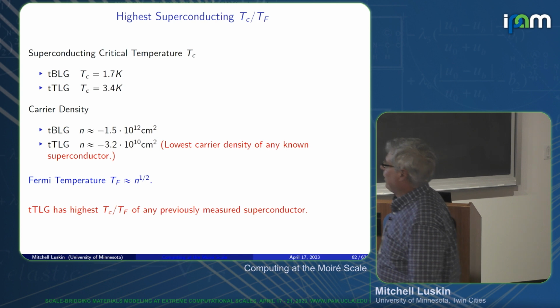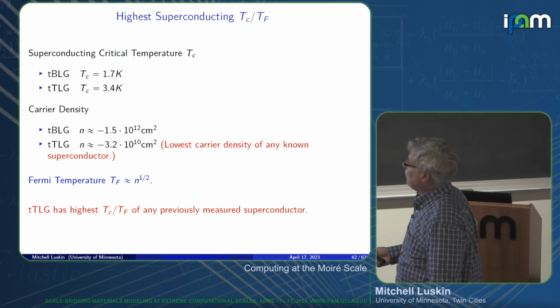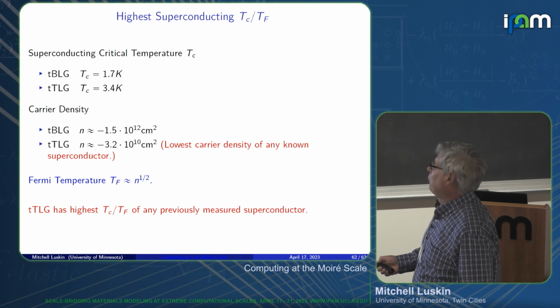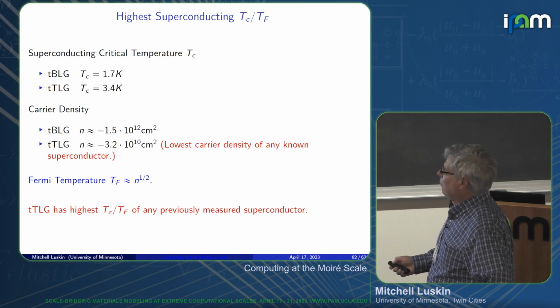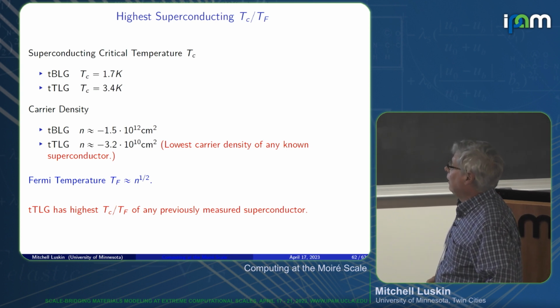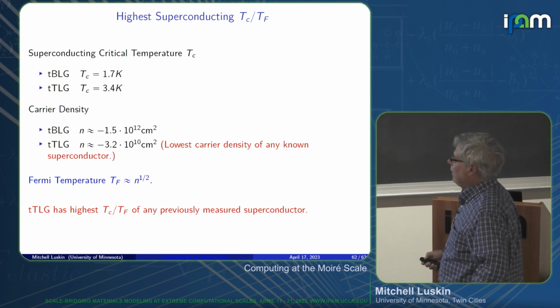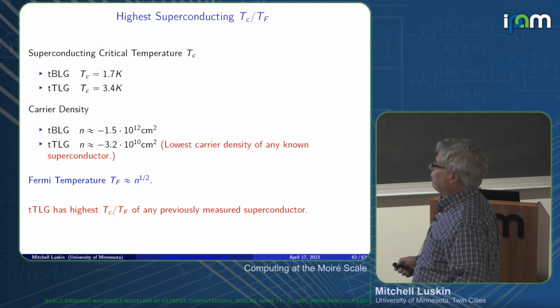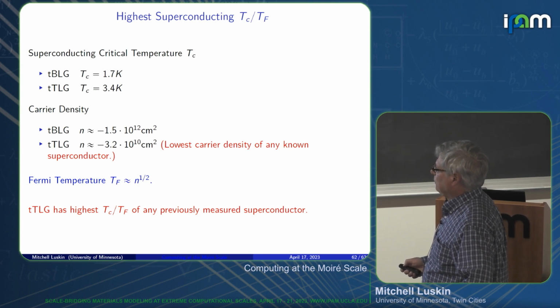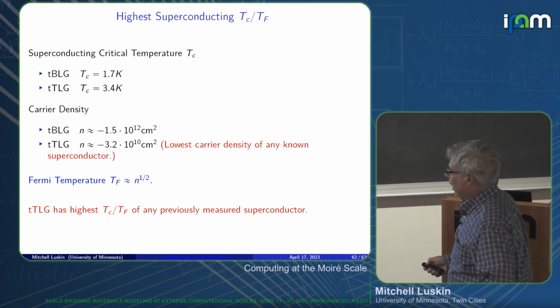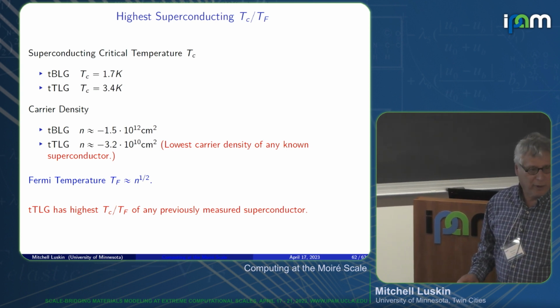So here's a slide I made some time ago. In the twisted bilayer, the superconducting critical temperature is shown to be 1.7 K. And we got 3.4 K, but their carrier density is on the order of 10 to the 12th electrons per cubic centimeter.